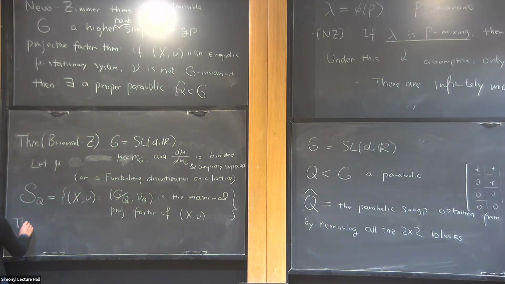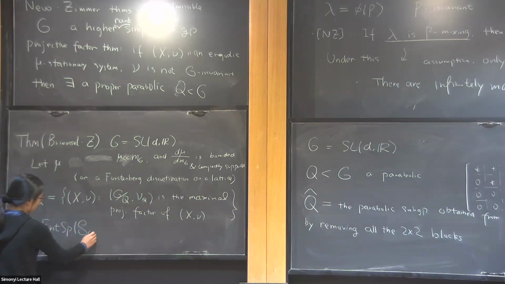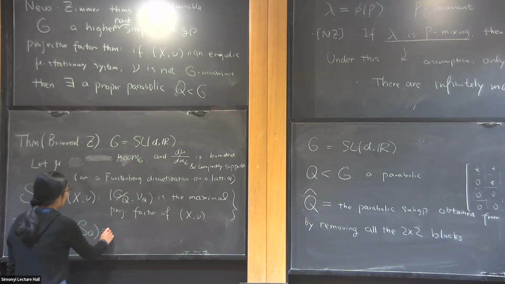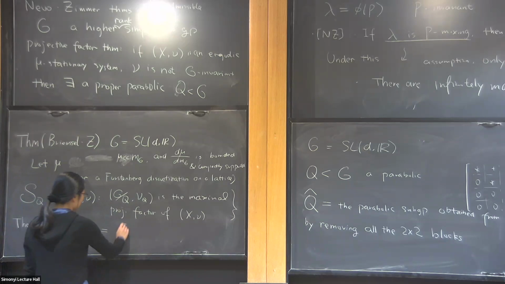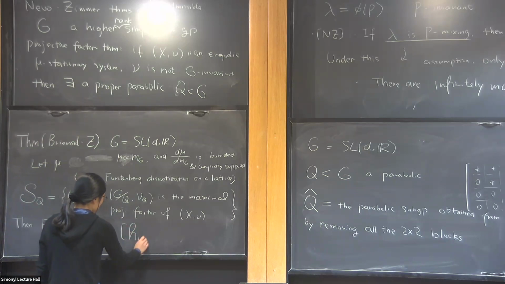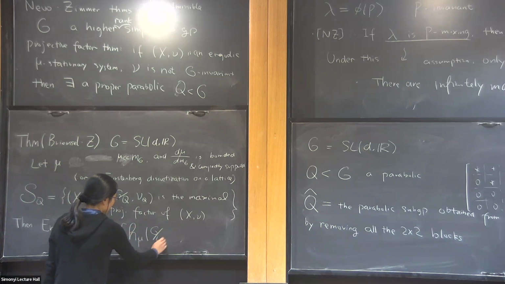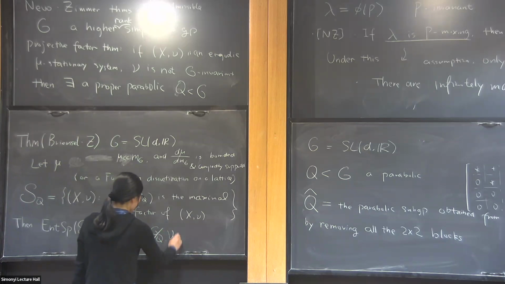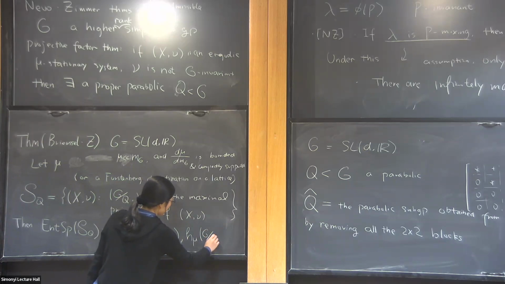Then if you look at the possible entropy values from this set, the rest of the entropy spectrum, you see the entropy of G mod Q, and then you can interpolate up to Q hat.